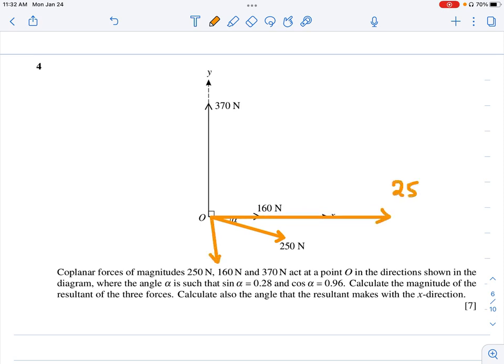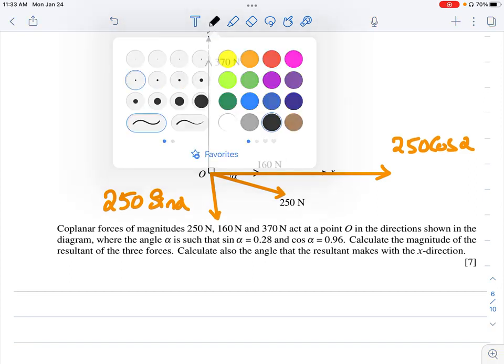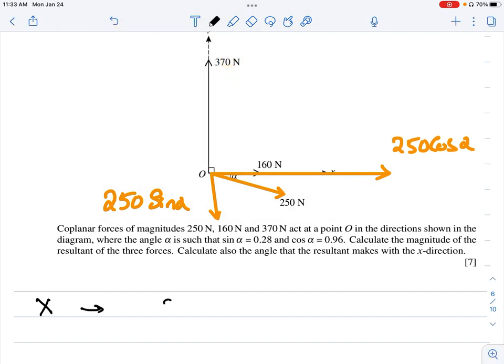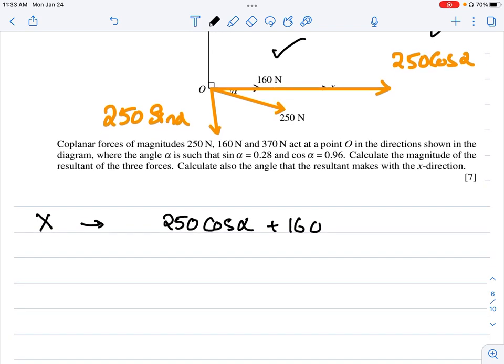So immediately you can write 250 cos alpha and 250 sin alpha. Now the forces along x direction will be 250 cos alpha plus 160. So that will be 250 times 0.96 plus 160.